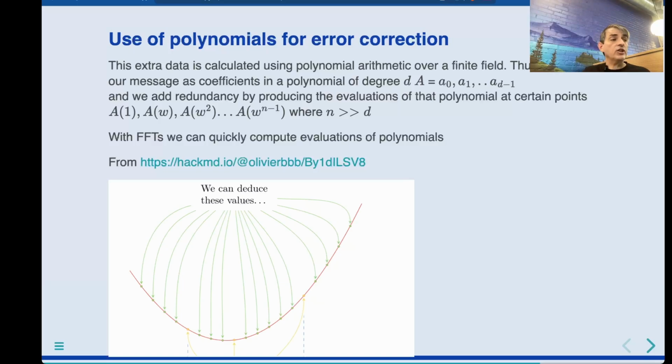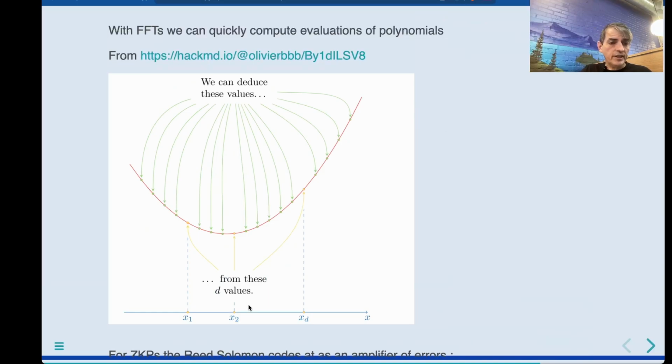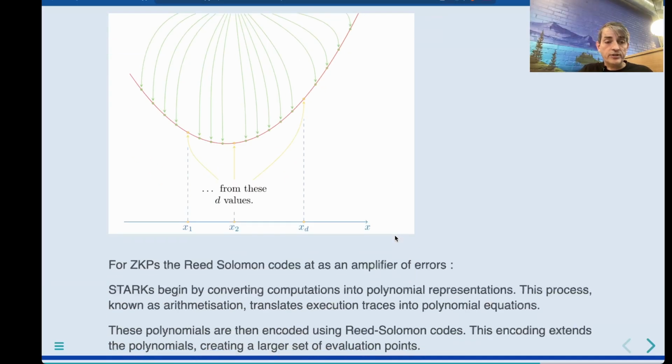And if we have enough evaluations, then even if we lose some of those evaluations, someone can use the other points that they have to reconstruct the polynomial, and that will give them the original message. Okay. So as you can see here, we originally have points from x1 to xd here. But once we've created a polynomial, we can extend that and use other points on the polynomial outside our original range, which is going to help us with redundancy.